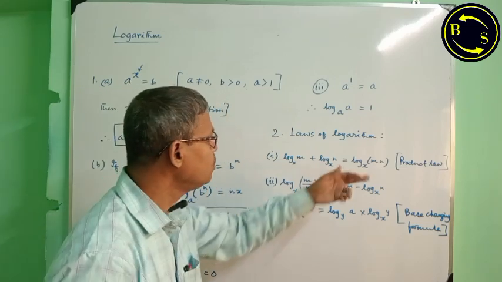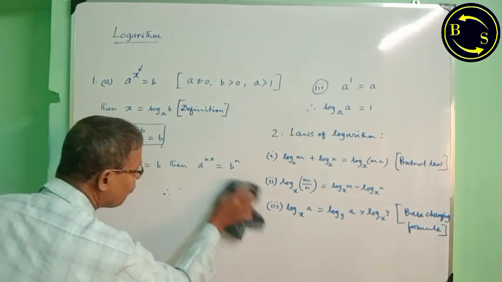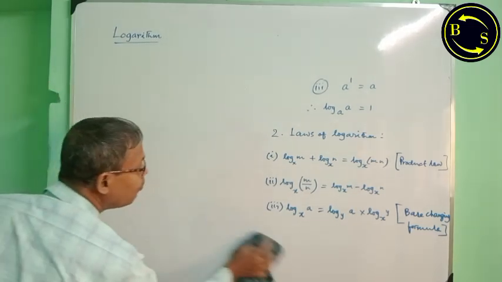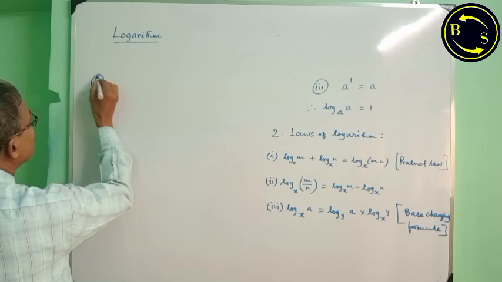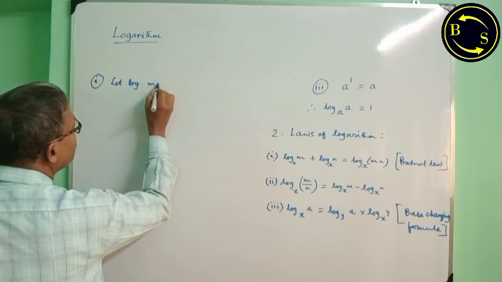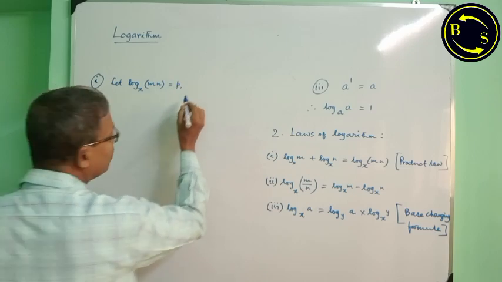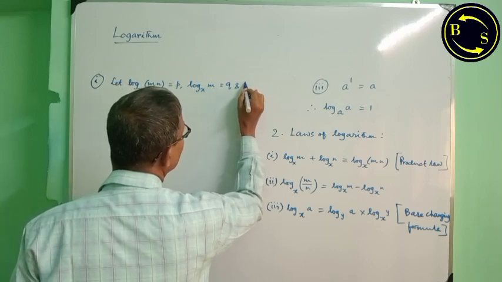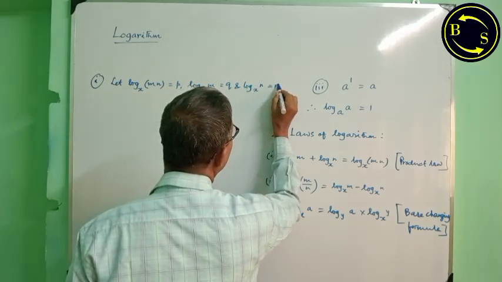First, let me prove this one. For that, number one, let log of mn to the base x equal to p, log of m to the base x equal to q and log of n to the base x equal to r.